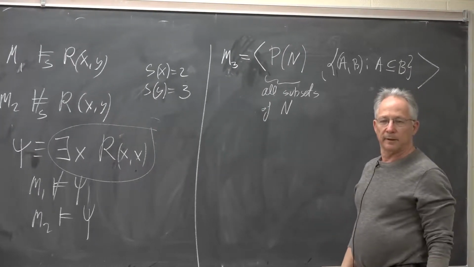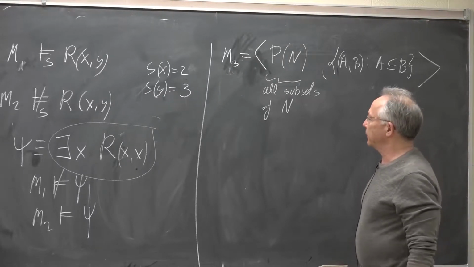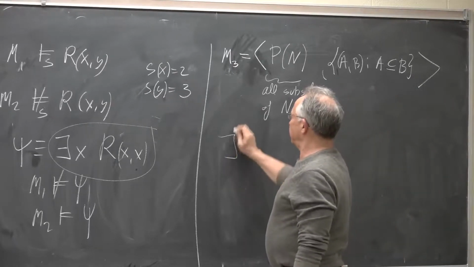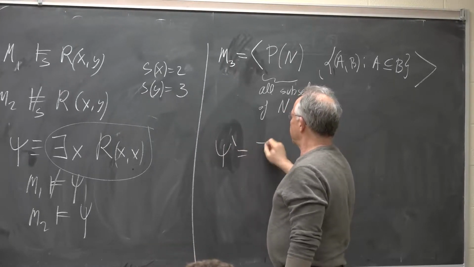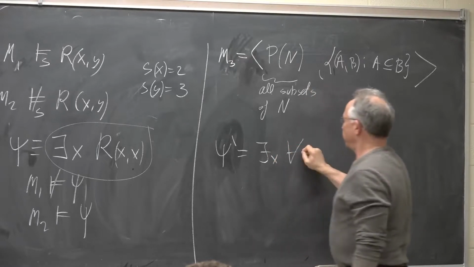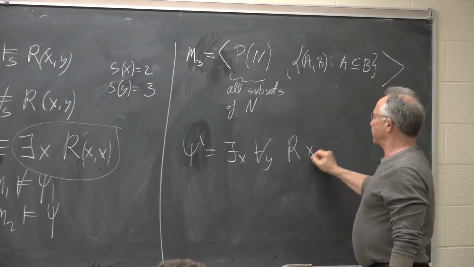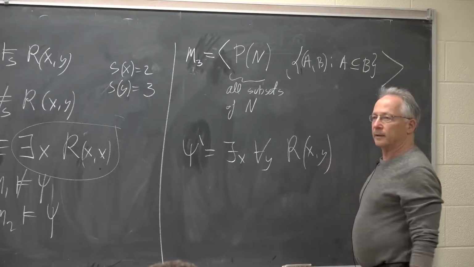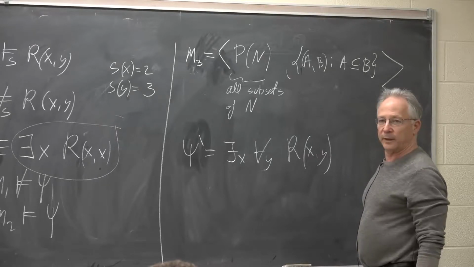Yes? Exists X for all Y or XY? There exists, so let's look at this. Let phi prime be: there exists an X such that for all Y, R X Y. Let's check it in both structures, M2 and M3.